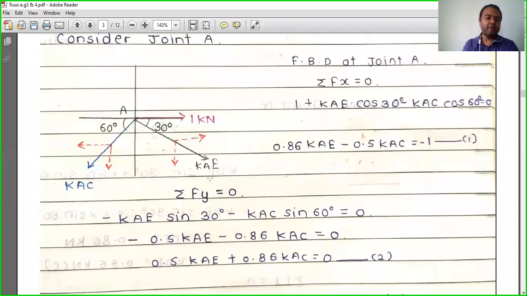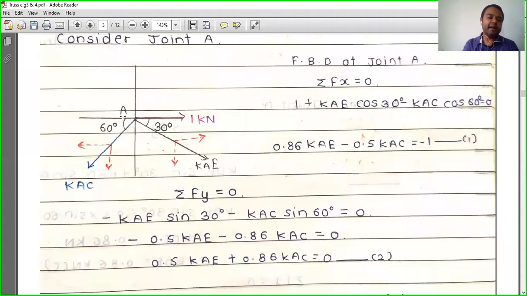Again apply summation Fy equal to 0 to this diagram. Summation Fy means all vertical forces: going up, take as positive; going down, take as negative. Here KAE is going downward, and of course the vertical component will be the sine component and the horizontal the cos component, when the angle is measured with respect to the x-axis.